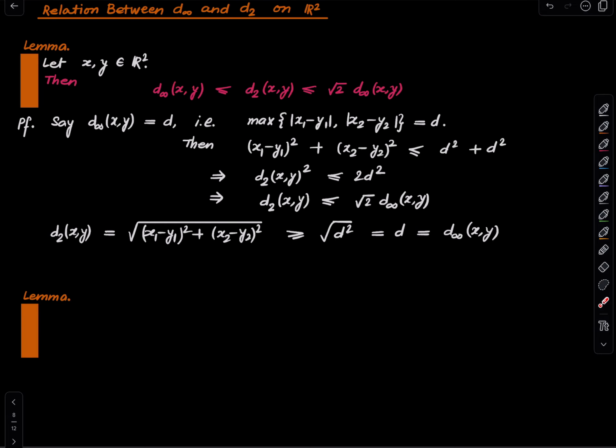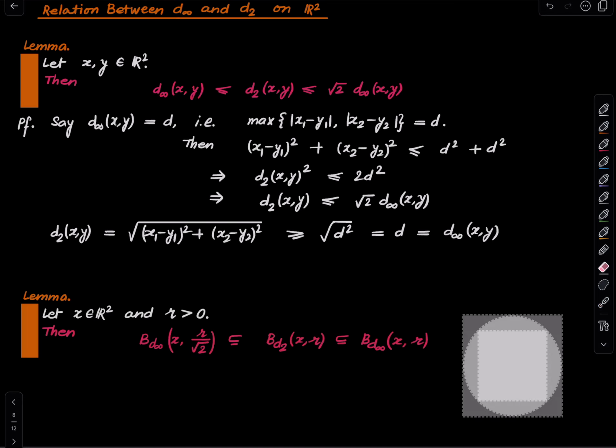I'll show you a picture which shows this as a diagram. Here is the picture, which is exactly capturing that, but the way to understand it is via this containment.